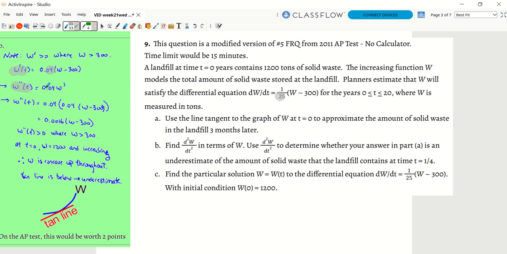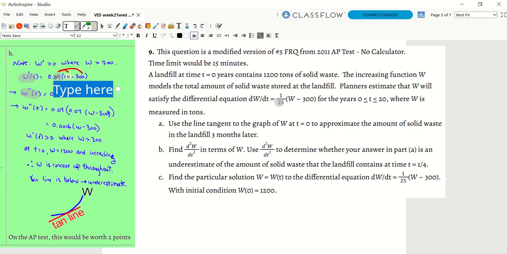Okay, this becomes that. And you can think of it like this. You can distribute, all right? And you're going to get 0.04 at this stage. When you distribute, you get 0.04 W minus whatever 0.04 times 300 is. It's going to be like 120 or 12.